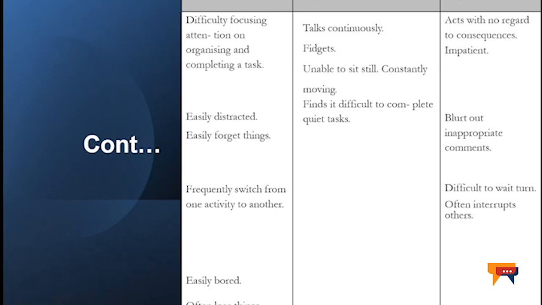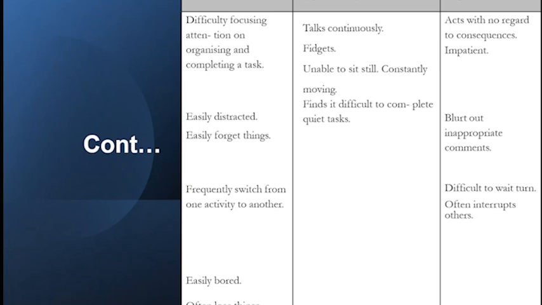And let's look at those who are having hyperactive learners. Those learners who are hyperactive, they always engage themselves in talking. That is, they talk continuously.